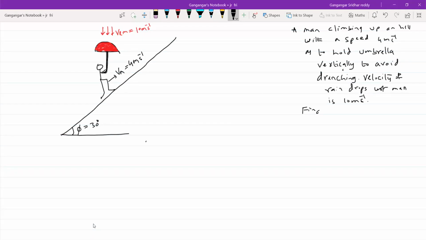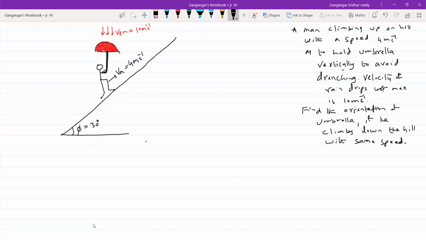Find the orientation of the umbrella if he climbs down the hill with the same speed. Look at the question, the last part of that one.